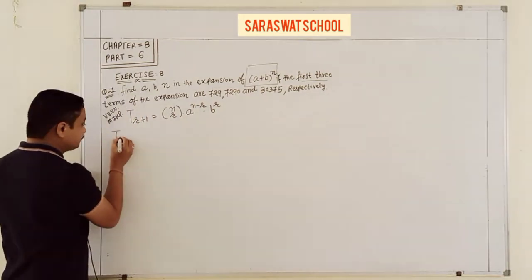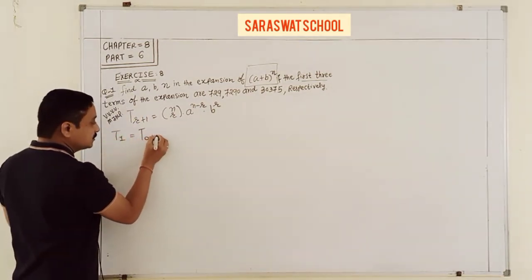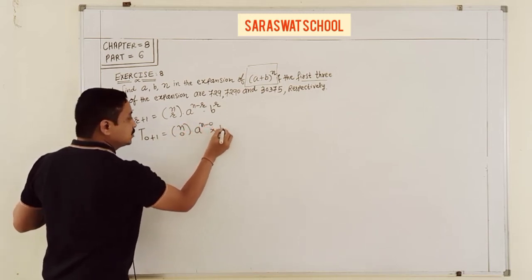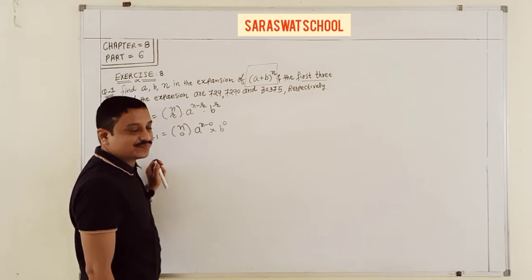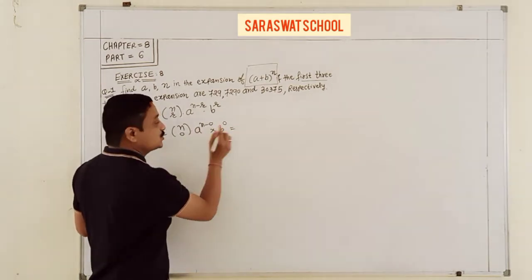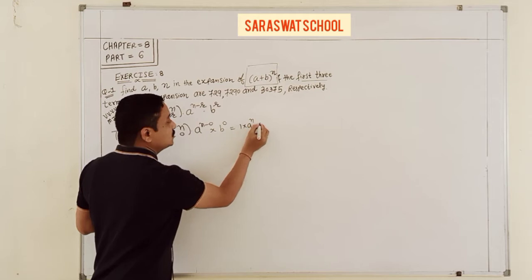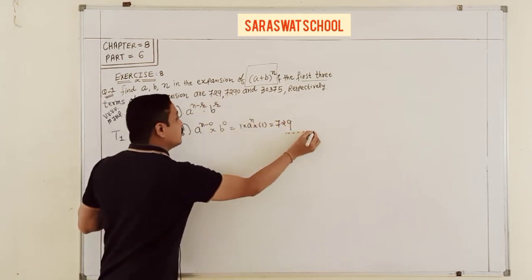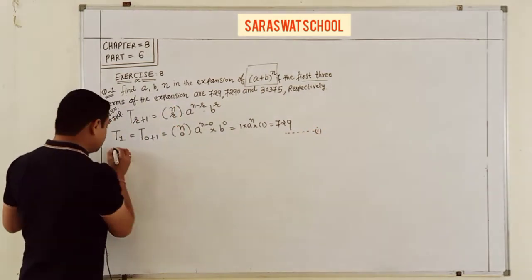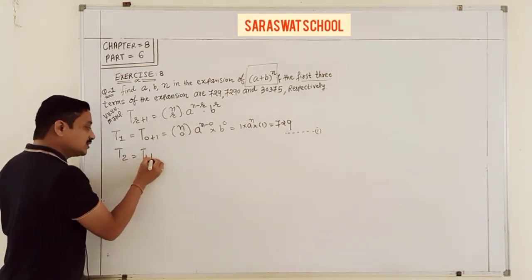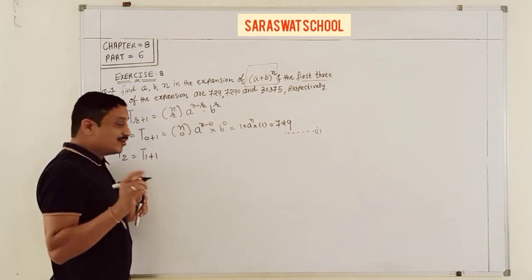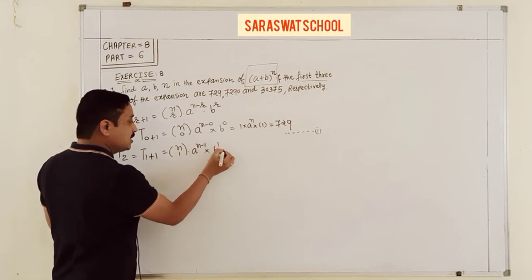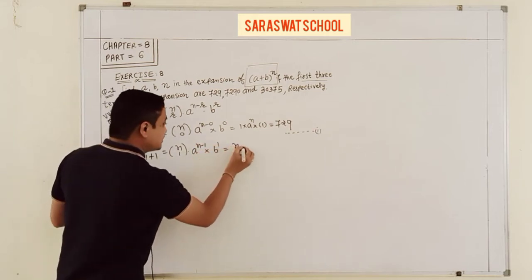T1 means r = 0, so nC0 a raised to n minus 0, b raised to 0, and that is a raised to n, which is given as 729. That's statement 1. Now second term T2, r becomes 1, so nC1 a raised to n minus 1, b raised to 1. nC1 is n.